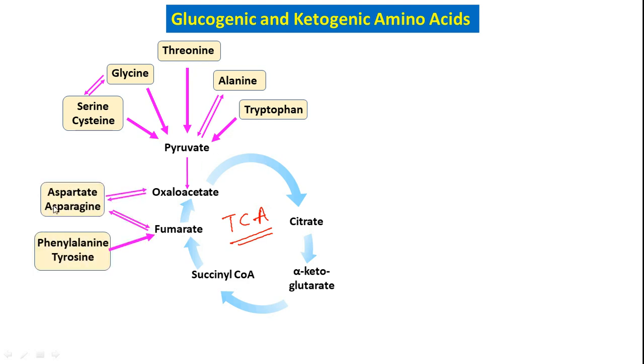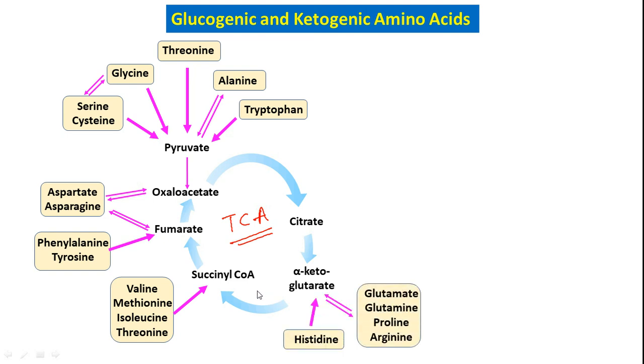And aspartate and asparagine can provide us oxaloacetate and fumarate. Whereas phenylalanine and tyrosine will give us fumarate upon metabolism. Valine, methionine, isoleucine and threonine can provide us succinyl coenzyme A. Histidine, glutamate, glutamine, proline, arginine can provide us alpha ketoglutarate.